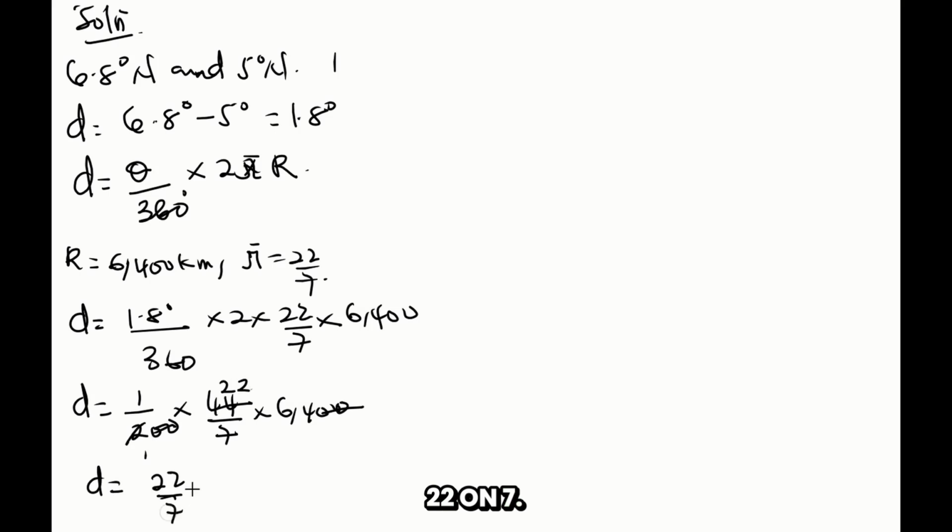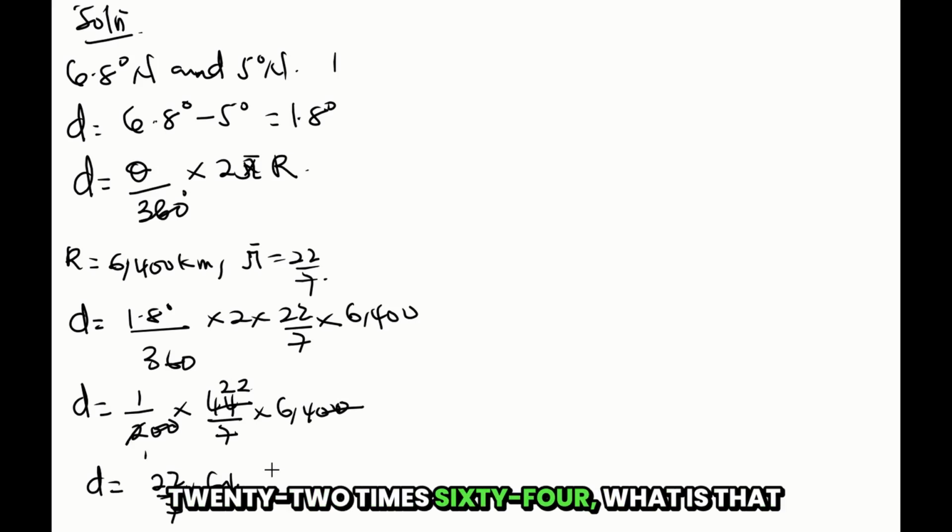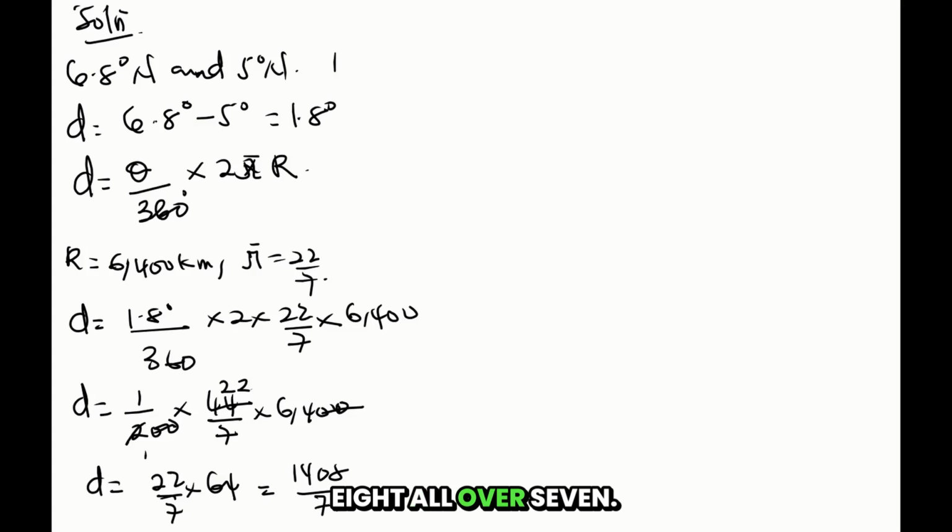22 times 64. What is that giving us? This is just going to give us 1408 all over 7.